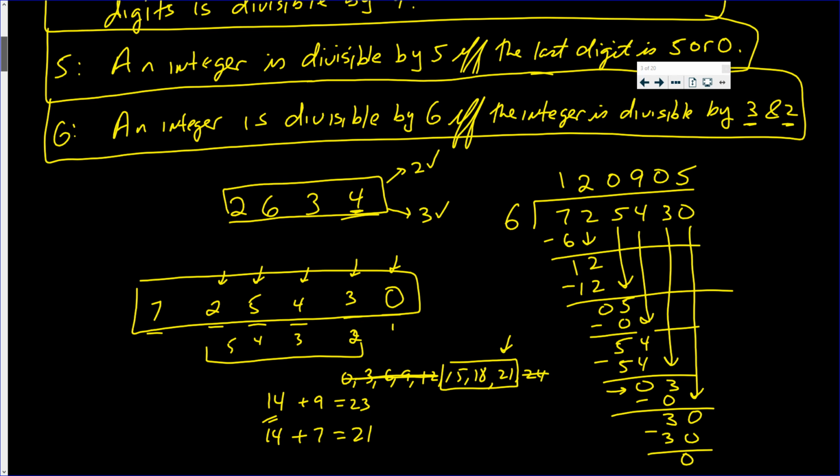Okay, this method does work. Verify that it's divisible by 2, which means it's an even number. And also make sure it's divisible by 3 by making sure that the sum of the digits is on the 3 times table.